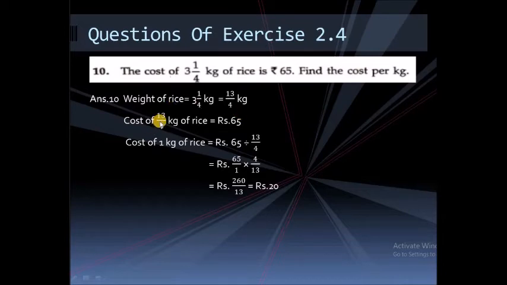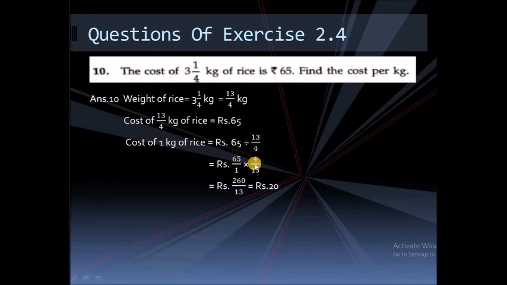Okay. So the cost of 3 1/4 kg of rice is 65. 3 1/4 can be written as 13 upon 4 kg in improper fraction. So I have to divide 65 by 13 upon 4. The first number remains the same in division, the divide sign is replaced with a multiplication sign, and the reciprocal of my second fraction will be 4 upon 13.